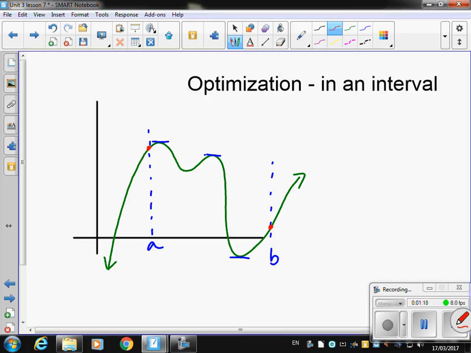So we would look at the first derivative and see where it's 0 for extrema. But even if we were very confident, we would also look at the function at the places A and B and see their values. We would compare it with the extrema.